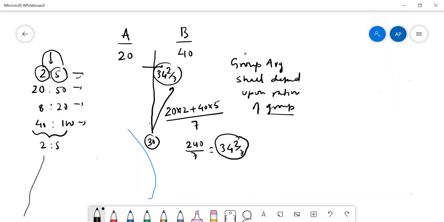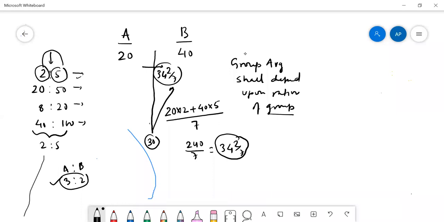So if I take another example of the number of students, let's take the number of students in group A and B in a 3 is to 2 ratio. So I can predict by this ratio that the average will come less than 30.